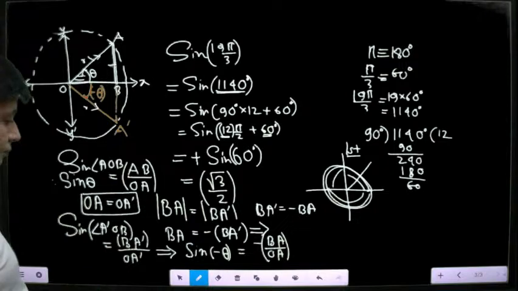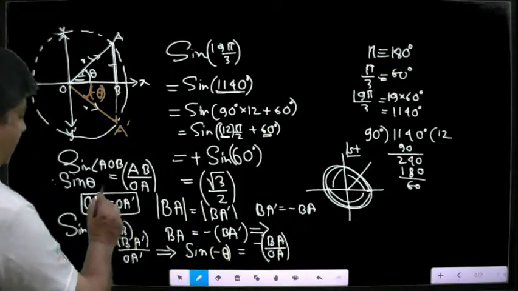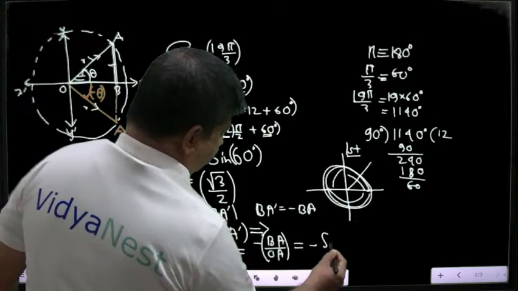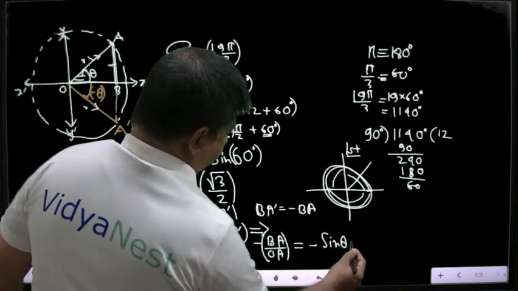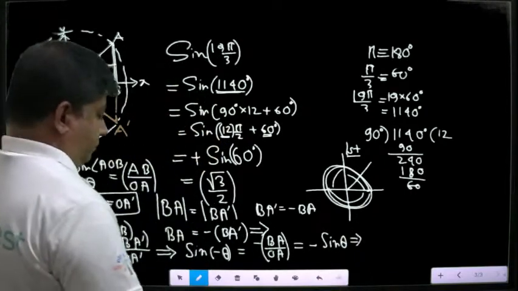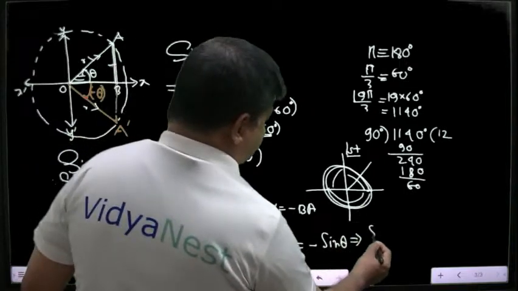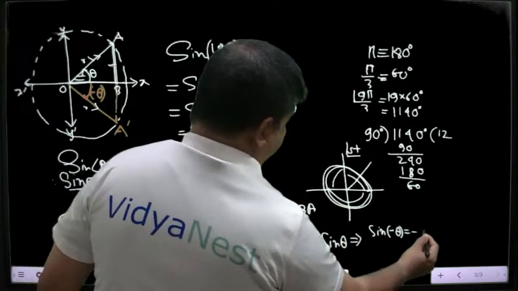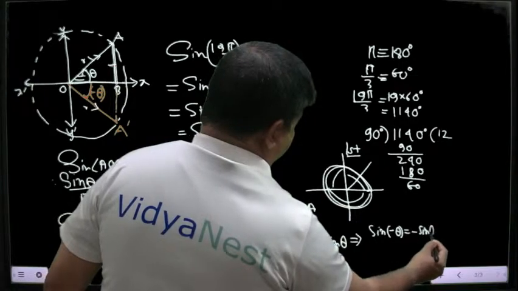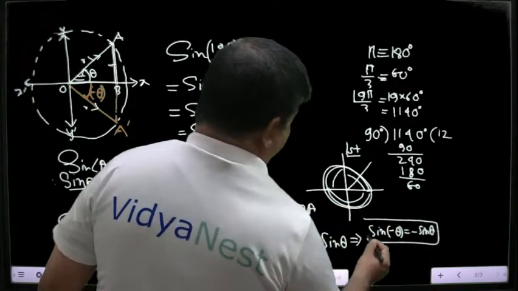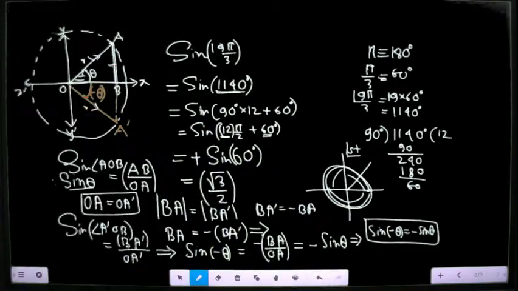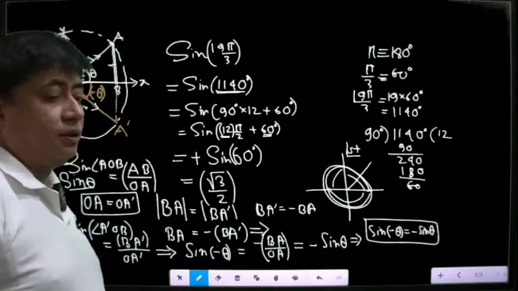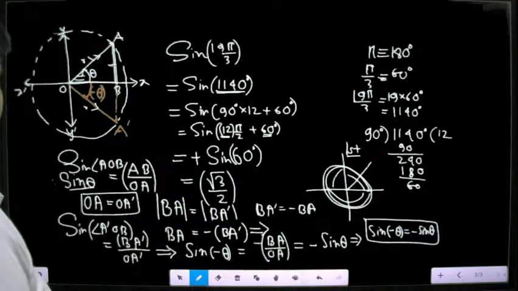So BA by OA you already got as sin theta. So we have got sin of minus theta is equal to minus sin theta.